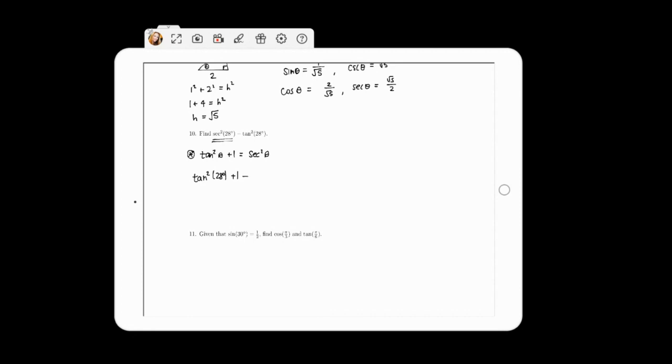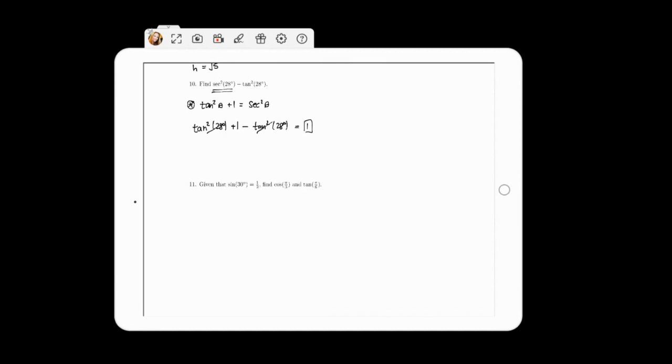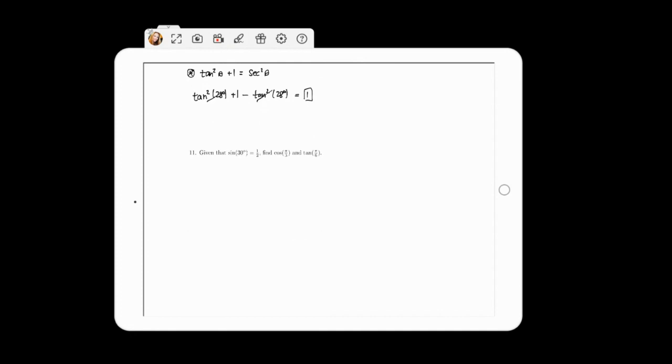And then I still have to subtract tangent squared of 28 degrees. And so the tangent squared minus tangent squared is 0, and we're left with just 1. So this one simplified all the way down to 1.